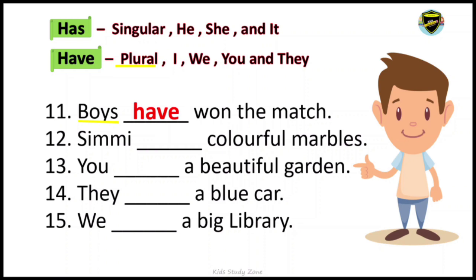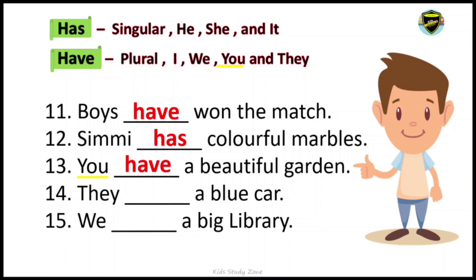Simi dash colorful marbles. Simi, we are talking about one girl. It's singular. Okay, singular noun. So we will highlight it, singular noun, and Simi has. With singular we will write has. Simi has colorful marbles. You dash a beautiful garden. You. We use you with have. Okay, you have a beautiful garden.